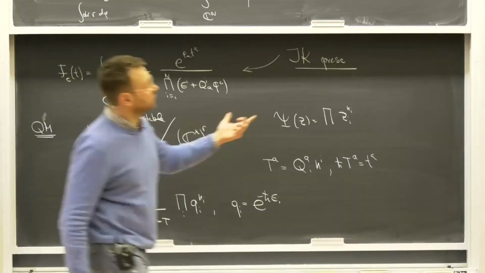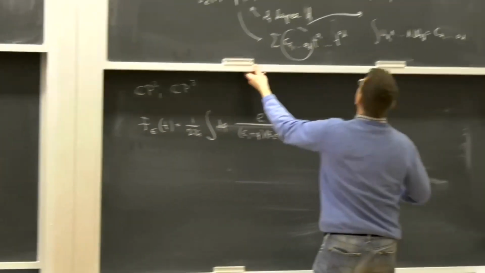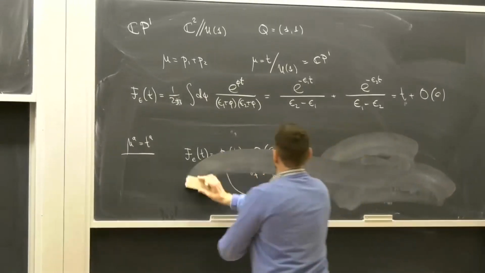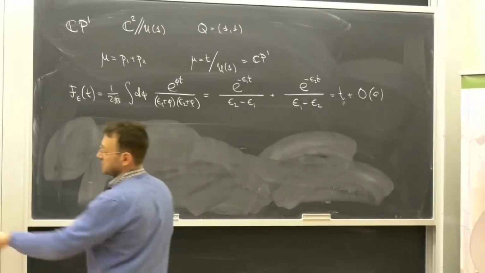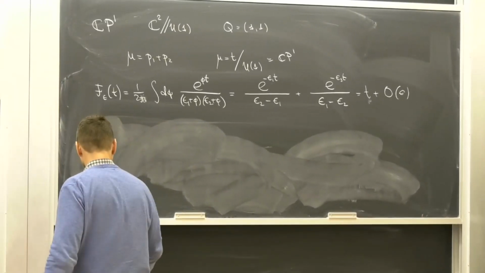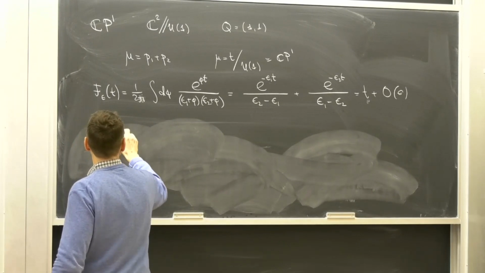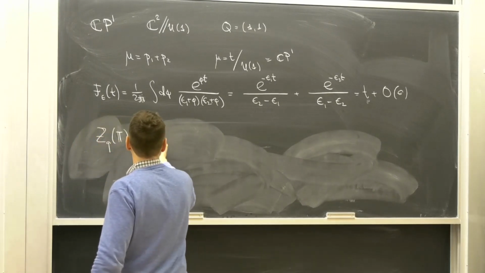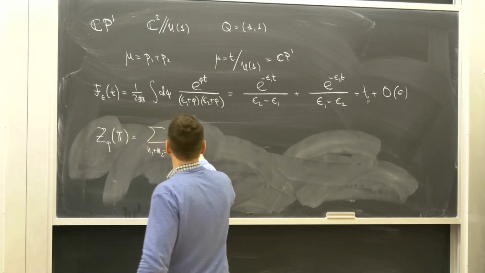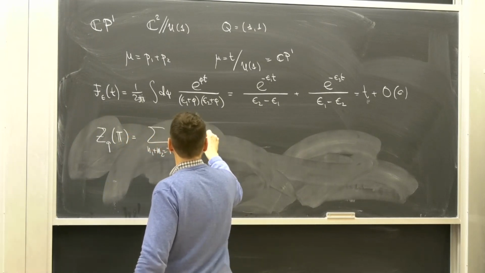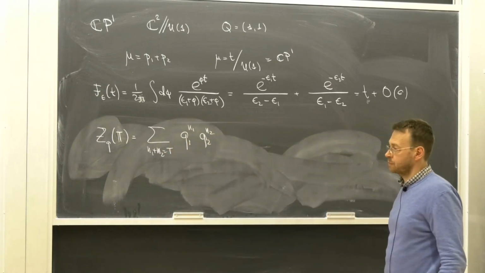If you want, for this very simple example, for P1, this object zeta_q of t will be equal to the sum over n1 plus n2 equal to t of q1 to the n1 times q2 to the n2.